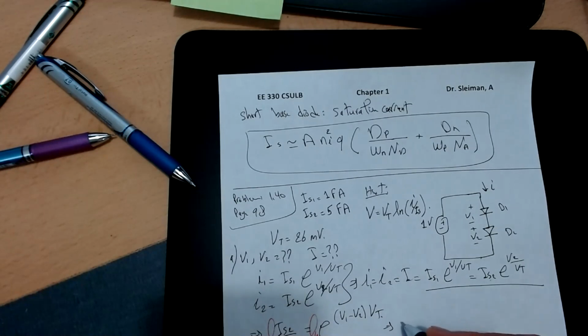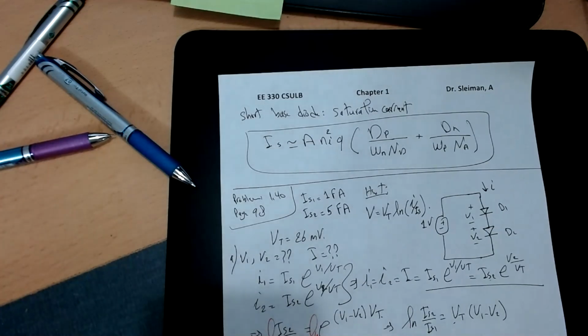So we get ln(IS2/IS1) is equal to (V1 minus V2)/Vt. So we have Vt, IS1, IS2, and V1 and V2 is what is in question.